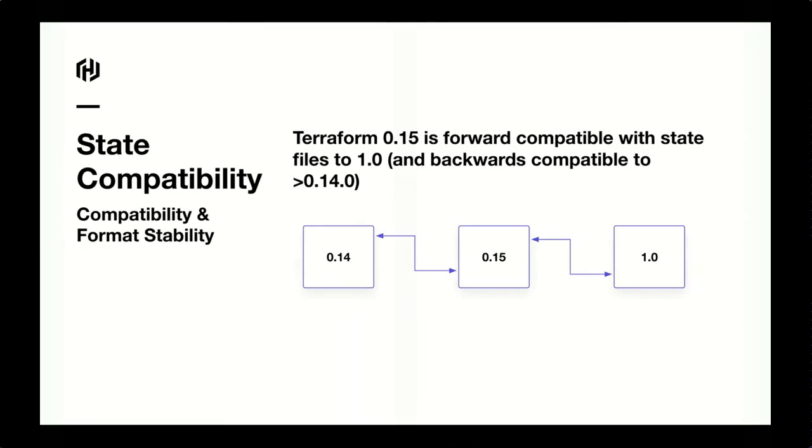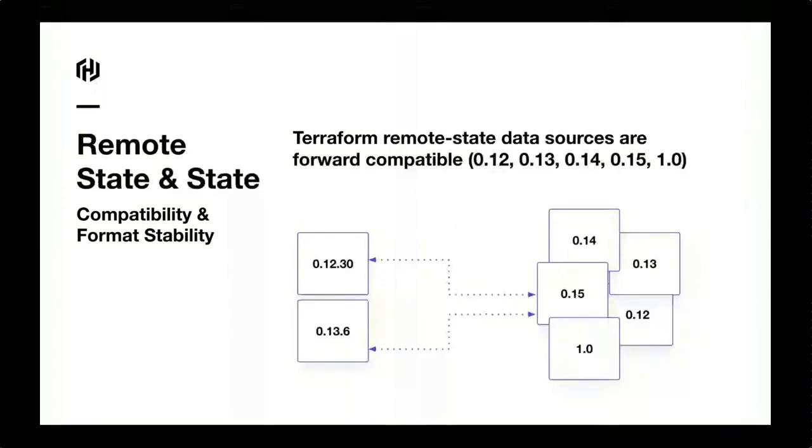By the same token, and perhaps more interestingly, are a set of changes where we have relaxed the remote state data source parser in Terraform such that we could broaden that compatibility even further. So if you use configurations that consume outputs from remote state, we backported a set of features from the 0.15 development work into 0.14, 0.13, and even all the way back to a 0.12 release.